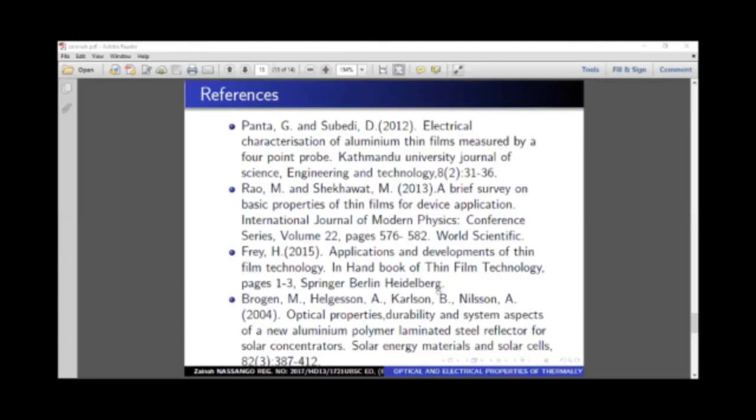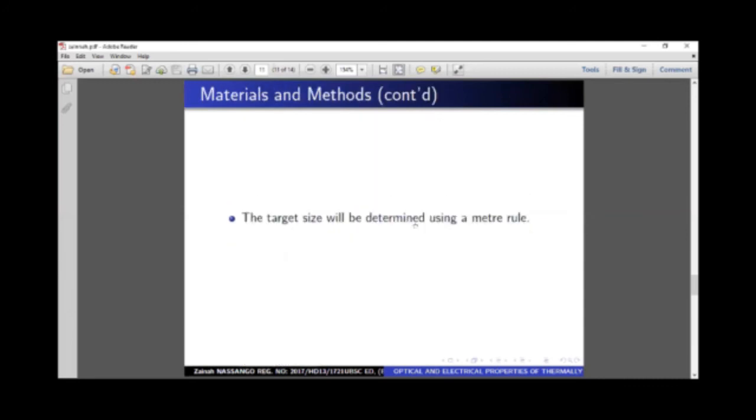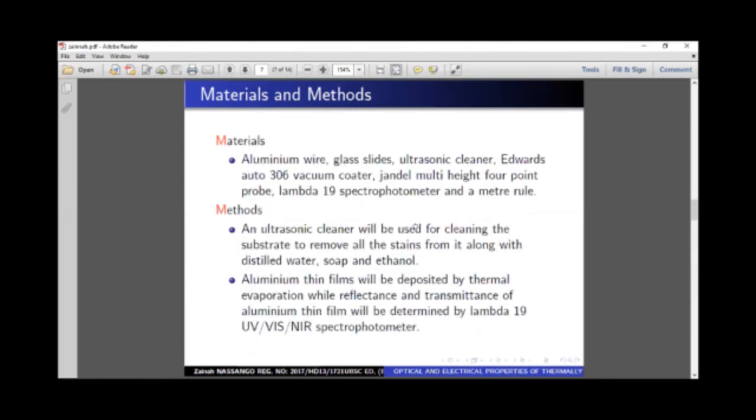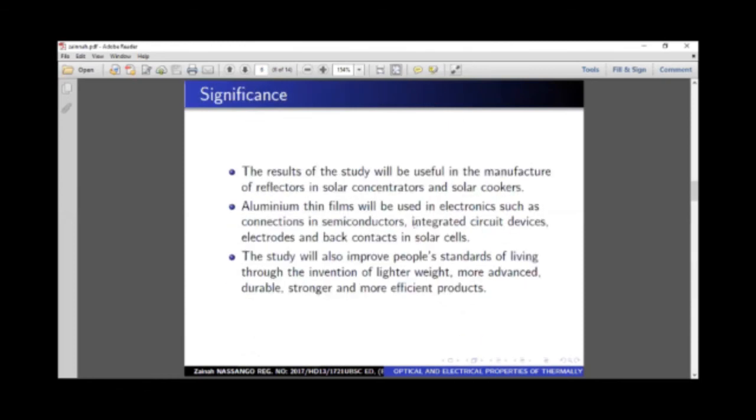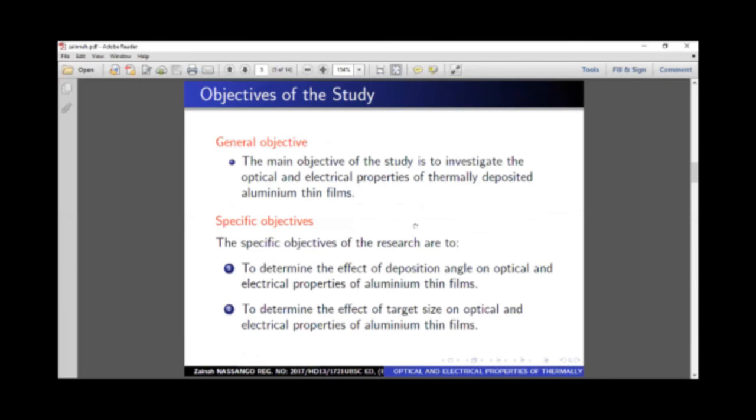If we say determination of the effect of deposition angle, maybe that effect is the one which relates to the optical and electrical properties. Maybe you could restate by saying you are going to optimize the deposition angles to have the optical and electrical properties.